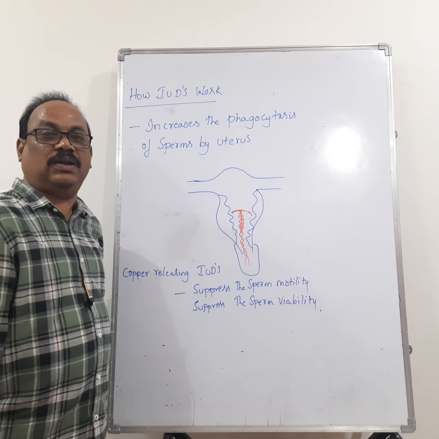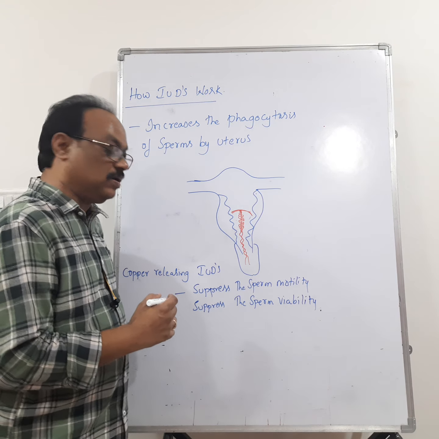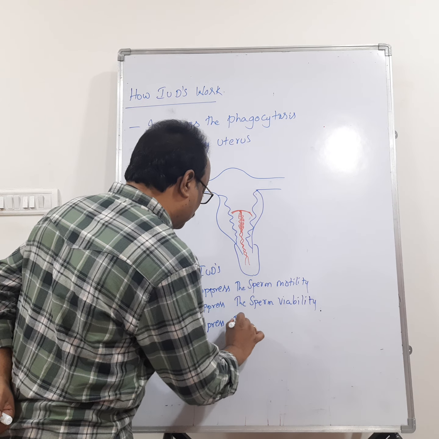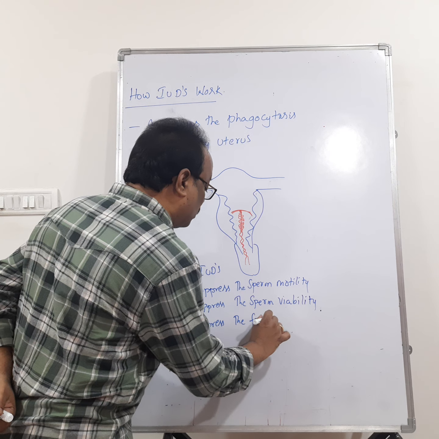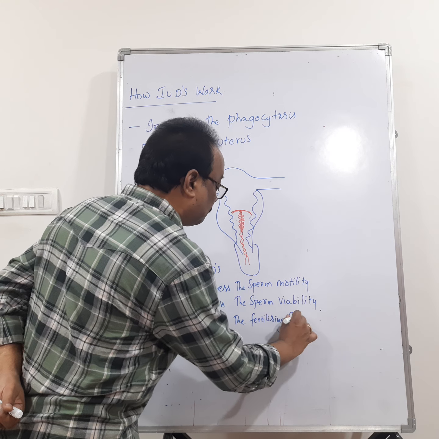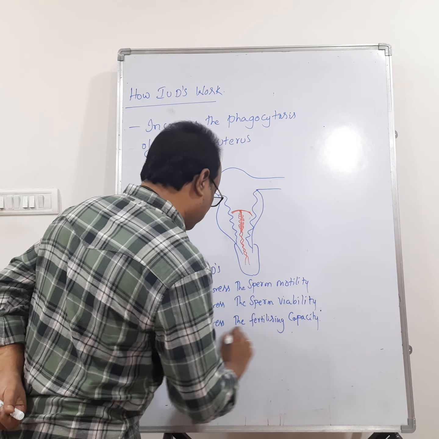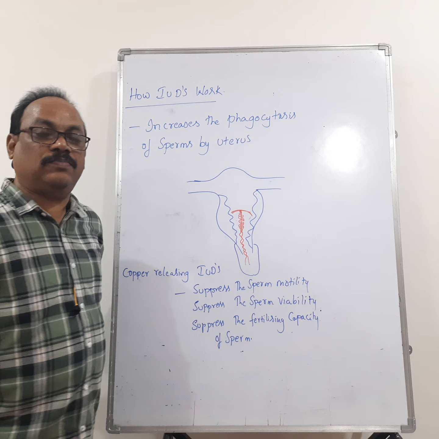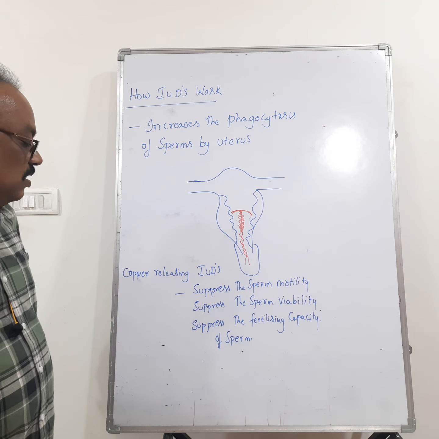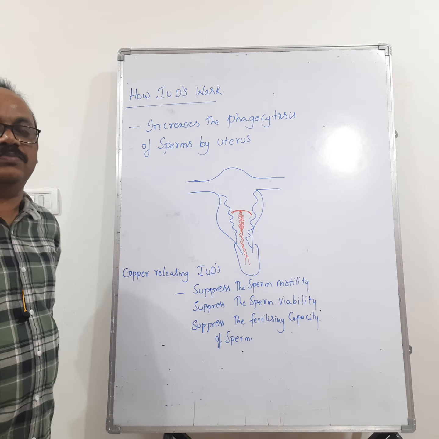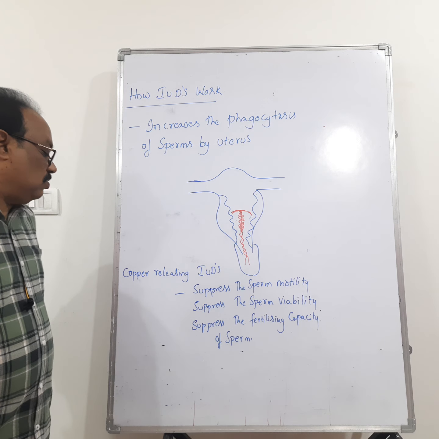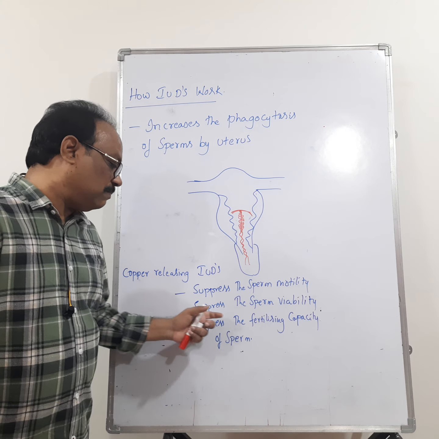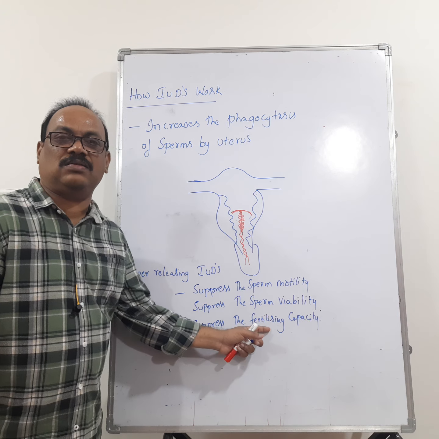The viability and motility of sperm decrease, and they also suppress the fertilizing capacity of the sperm. So copper releasing IUDs suppress the sperm motility, viability, and fertilizing capacity.